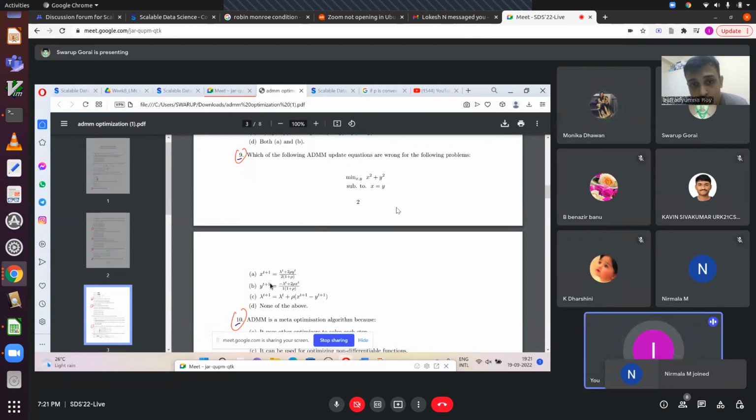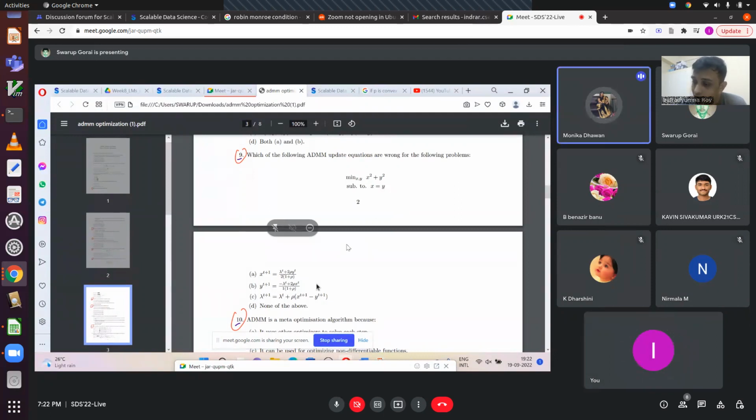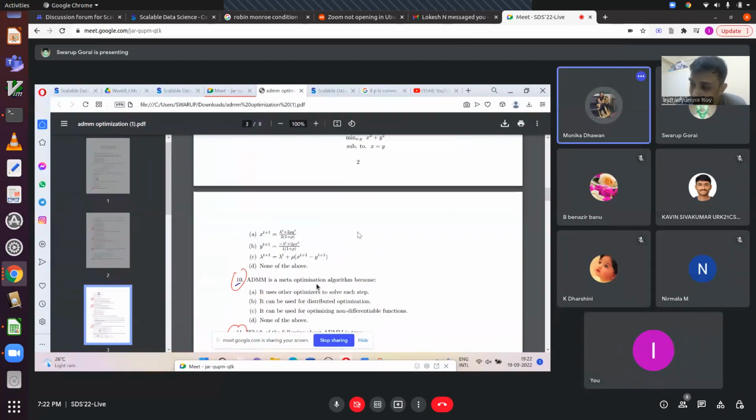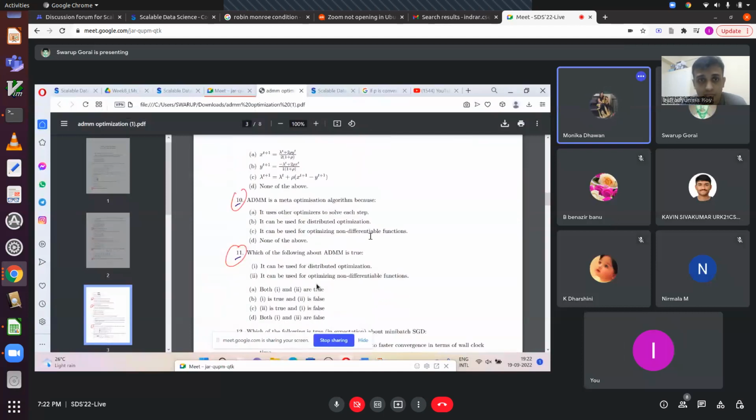That's all you have to do. You have to do this for each of the 3 terms: gradient with respect to x, gradient with respect to y, and gradient with respect to lambda. You will just see whether the plus minus matches, and whichever does not match, you will have to mark it. Fine. It's clear. Okay. Now 10th question.